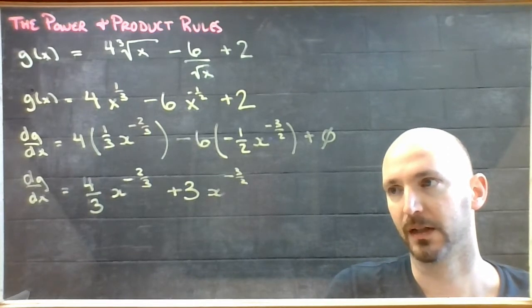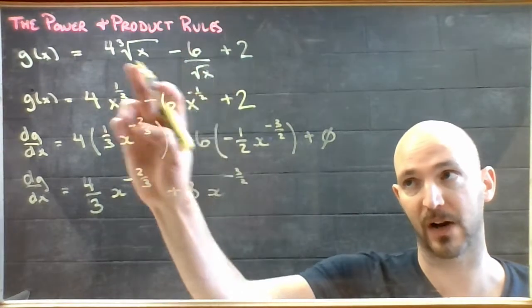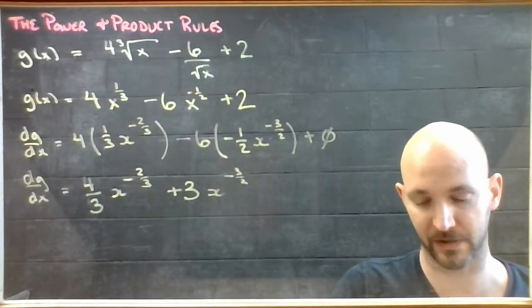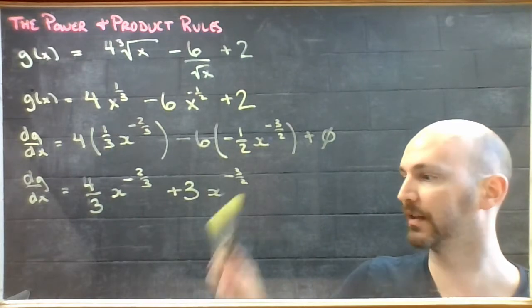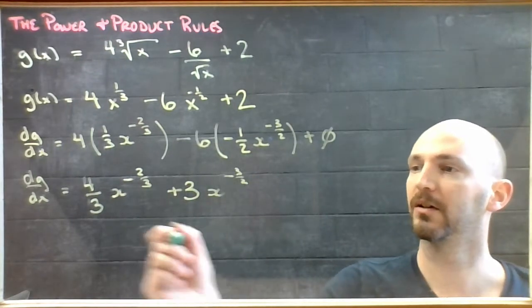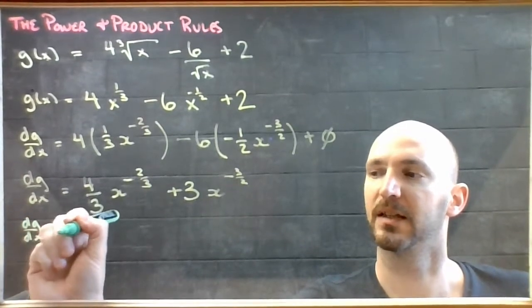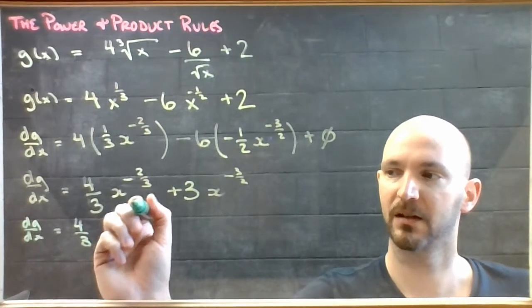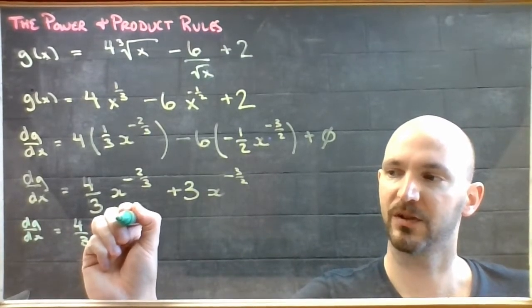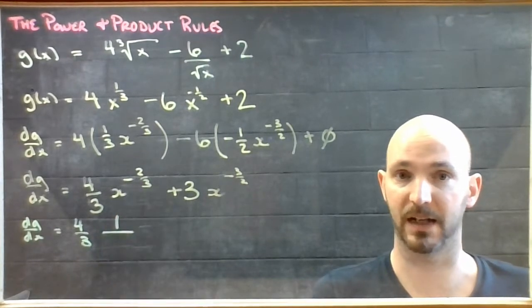Alright. Now, I'm going to use some exponent laws to try and put this back into fraction/radical notation. And I'm going to have to change colors because my yellow has finally expired. Okay. So dg by dx is 4/3. Now this thing, that should be in the denominator because of the negative.